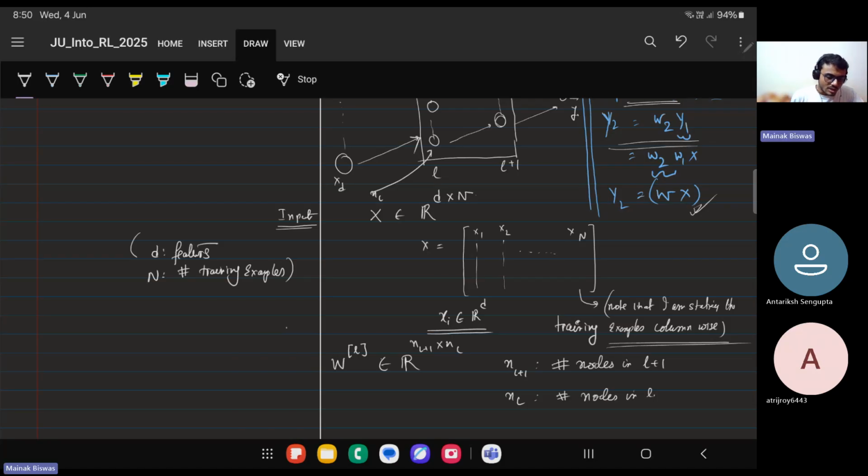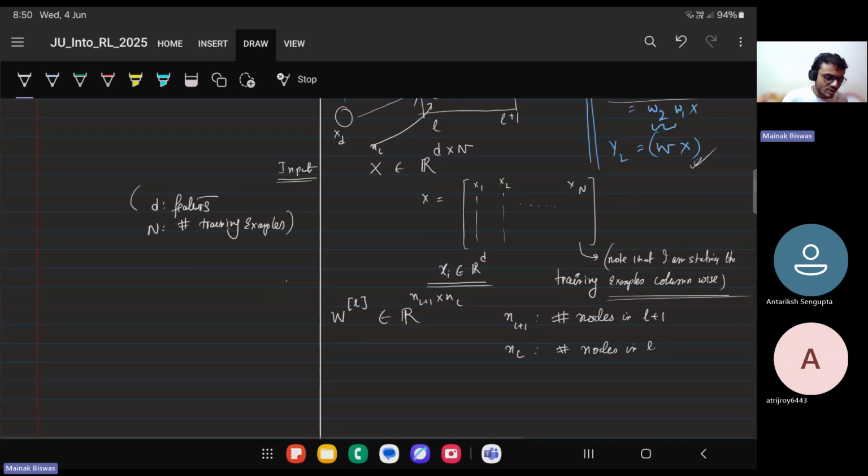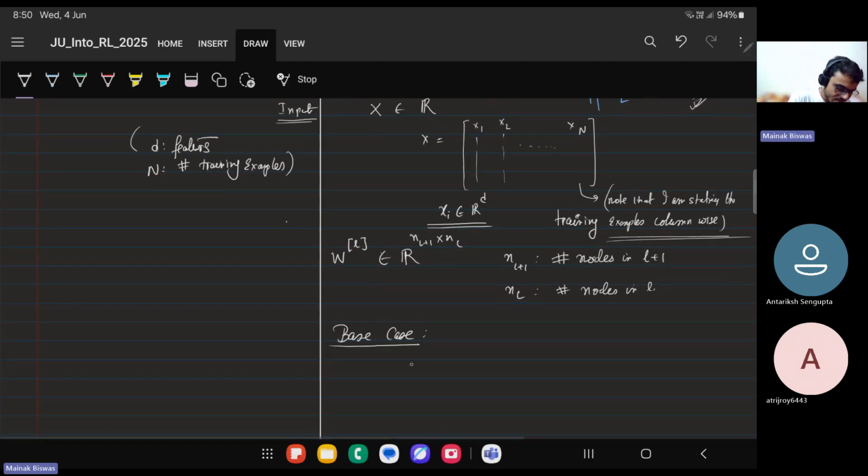Okay. So now, nodes in L+1, nodes in L. Next, I will define ZL. Let's define the base case first. Base case is easy.